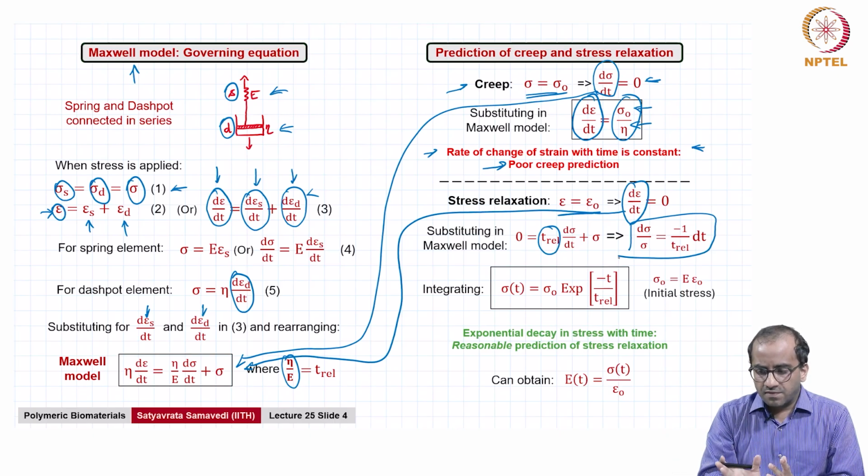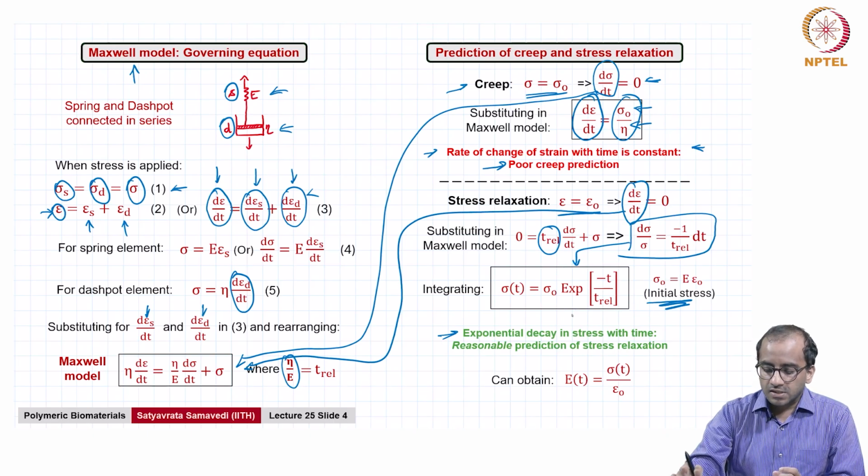If you integrate that expression, you end up with an expression for sigma of t that shows an exponential dependence, where sigma naught is simply the initial stress that the material experiences in response to that sudden deformation. So, what it says is there is exponential decay in stress with time, which seems to be a reasonable prediction for stress relaxation.